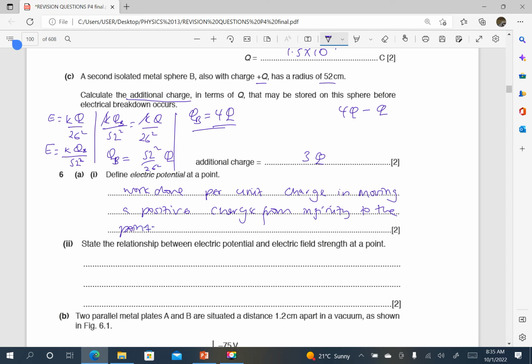The work done per unit charge in moving a positive charge from infinity to the point. That is electric potential. State the relationship between electric potential and electric field strength.